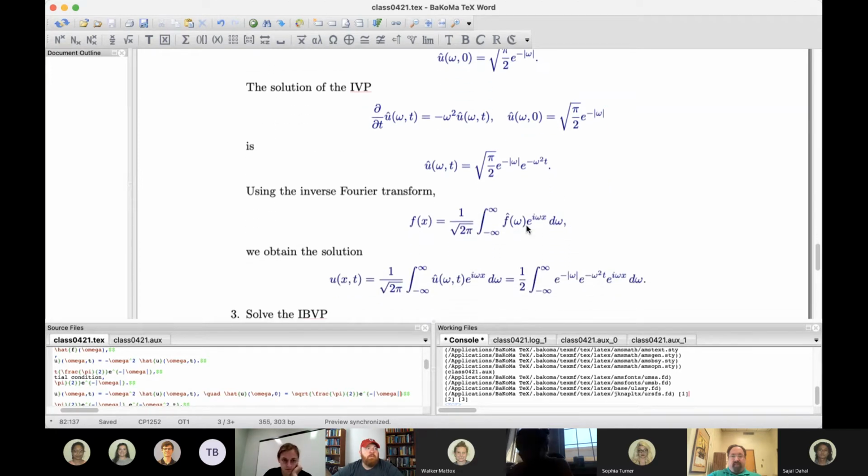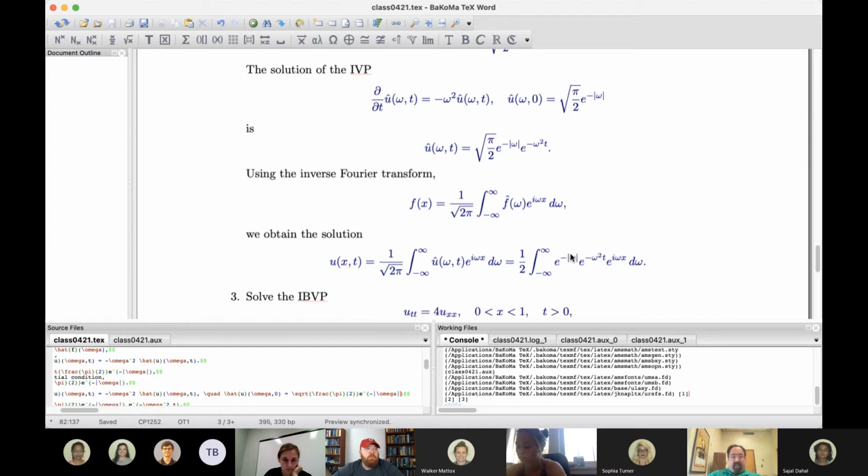Then you can take the inverse transform, and that's your solution. A problem will state either the integral should be evaluated or the solution can be left in integral form.